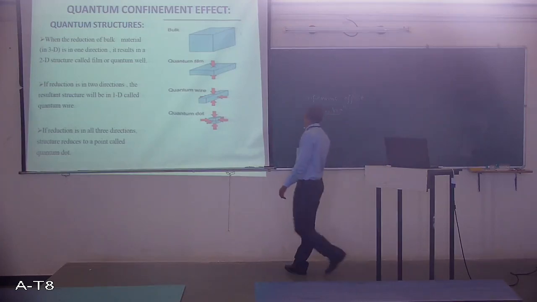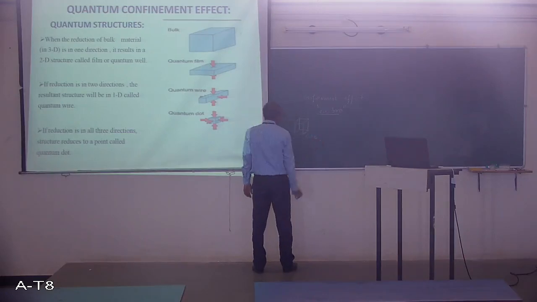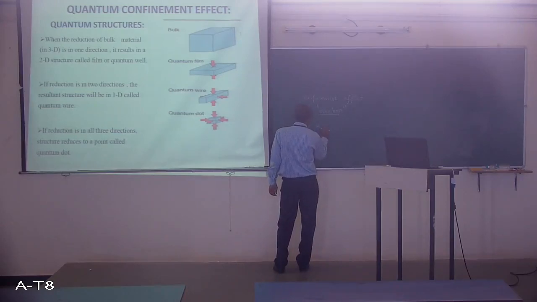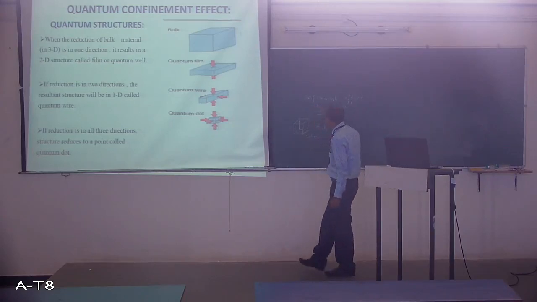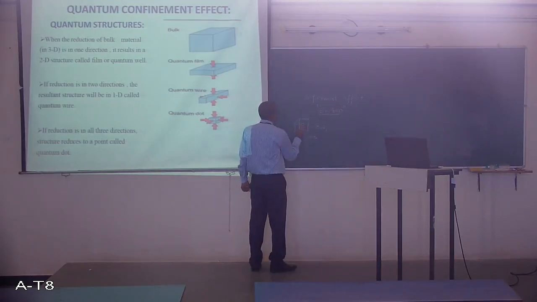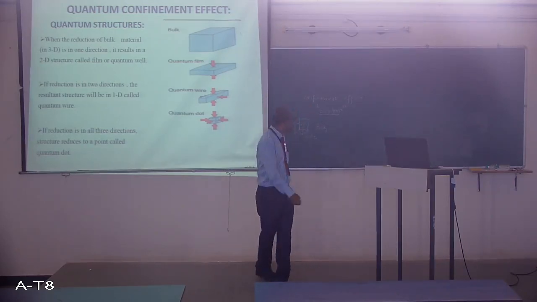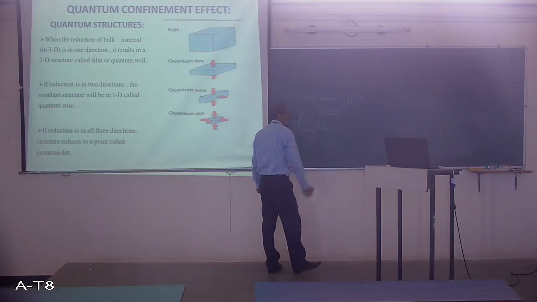Already you know, if you take a box or a cube, this is a cube. In this cube, we call it a bulk material. In the bulk material, the particle is within the cube. So this is the x-axis, this is the y-axis, this is the z-axis.